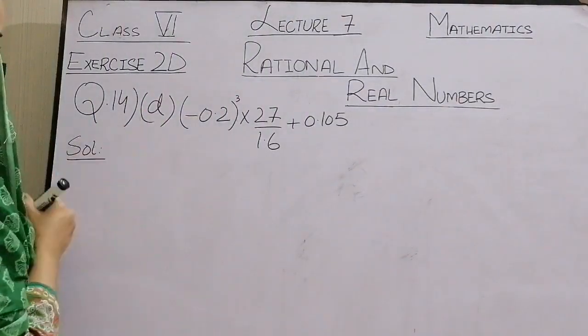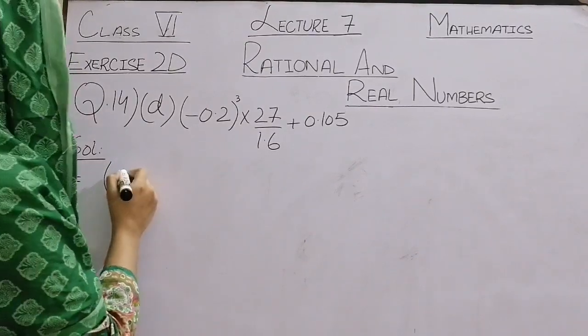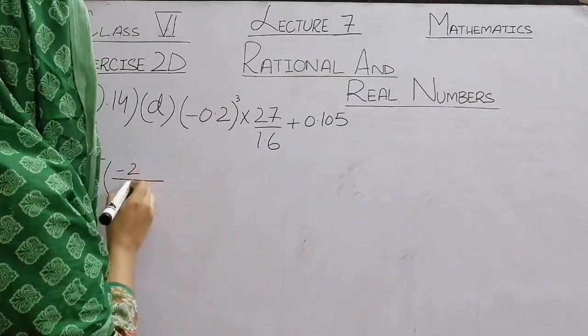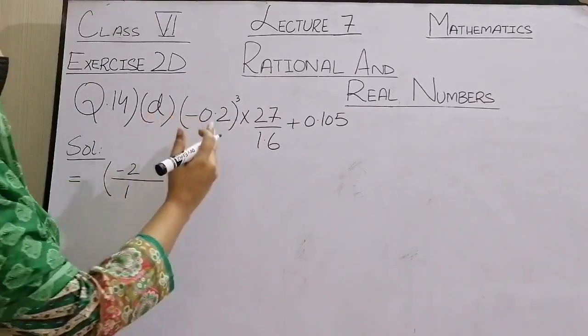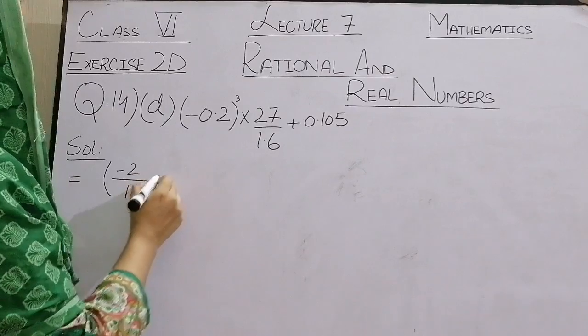Question number 14, part D. Remove the fraction. We have 0.2. There is just one digit after the decimal, so 10 under it.